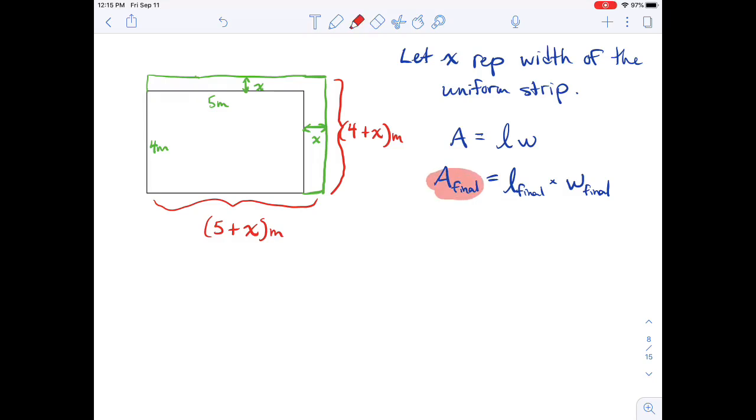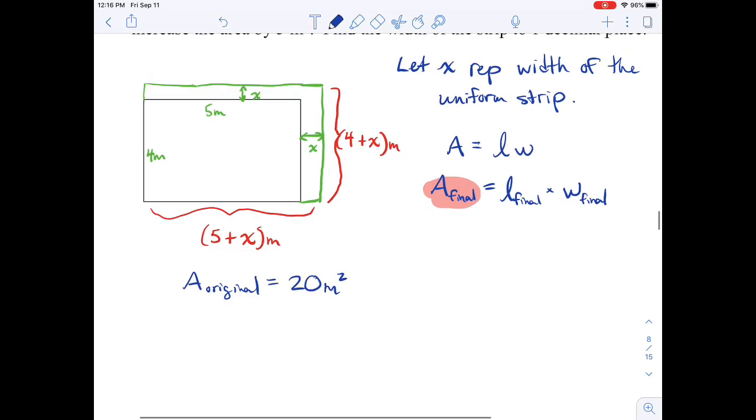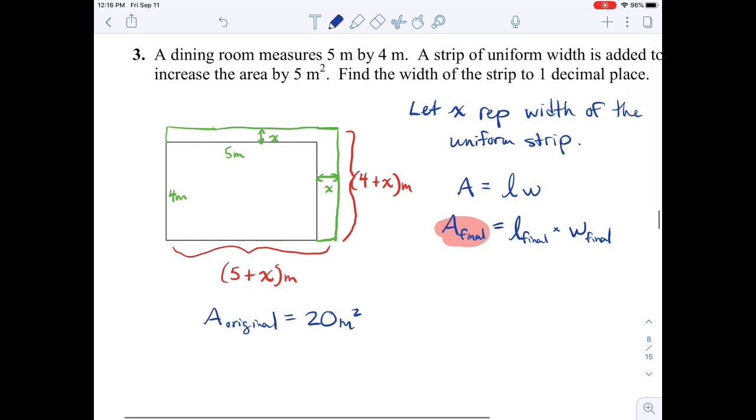But the question is, what is this new final area going to be? Well, originally, we know that the original area must be 5 meters times 4 meters, it must have been 20 meters squared. And the question says that this extension should increase the area by an extra 5 meters squared.